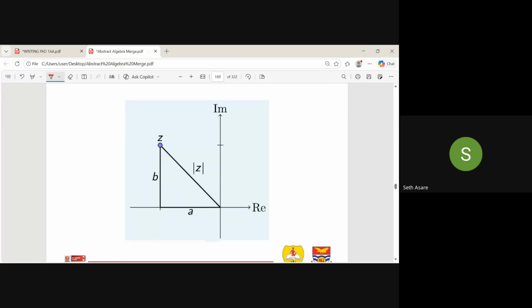Now, look at this. This is Z. This is its modulus from the origin to this place. Using the Pythagoras theorem approach, this is a, this is b. So this side squared is equal to this square plus this square, and we can find our modulus. Now, the angle that we need, we measure from the positive x-axis.